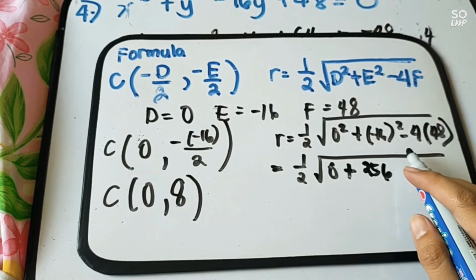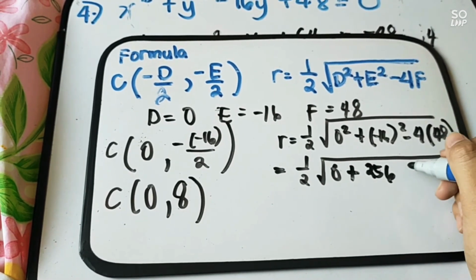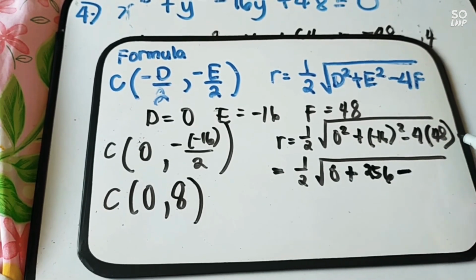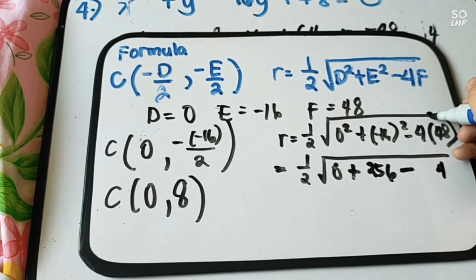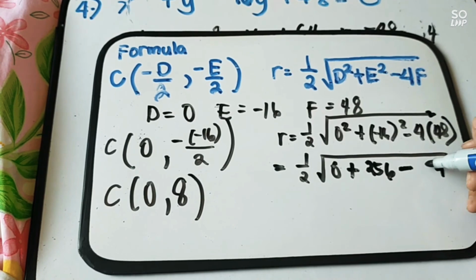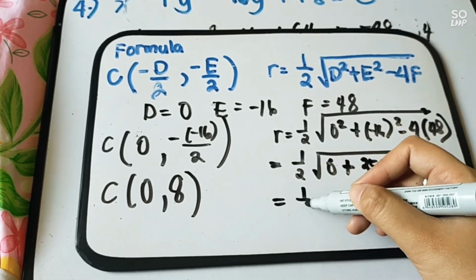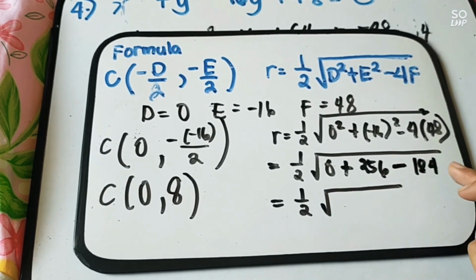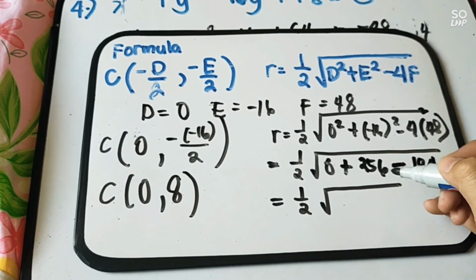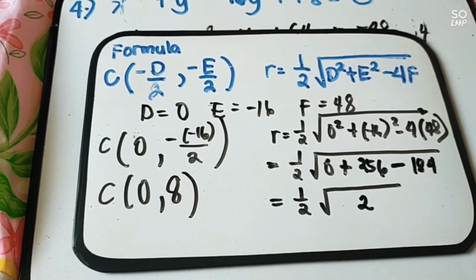Then, negative 4 times 48, since it is negative, minus.